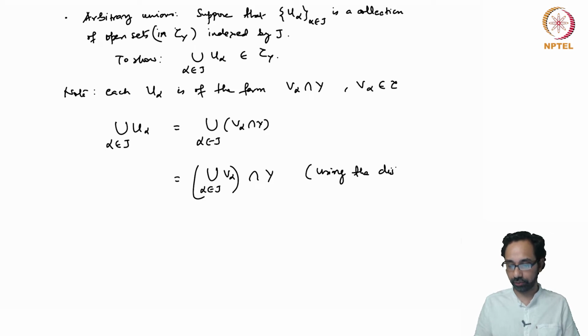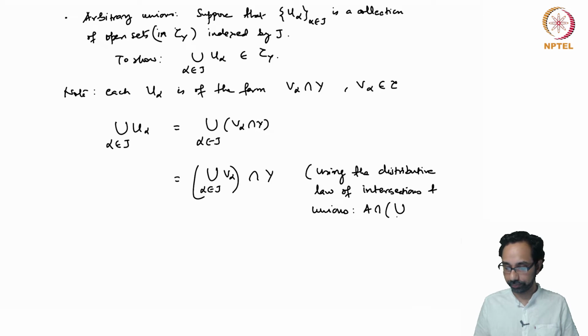So using the distributive law of intersections and unions. What is the distributive law? It just says that A intersection any arbitrary union over an indexed set J is equal to the union over the index set J of the individual intersections of A with these B alphas.